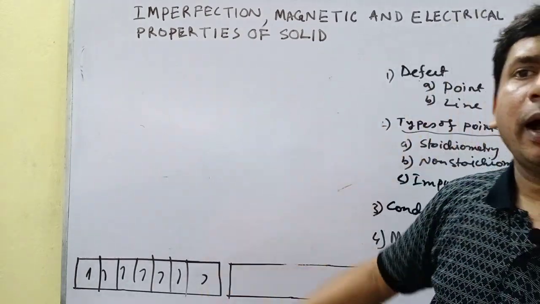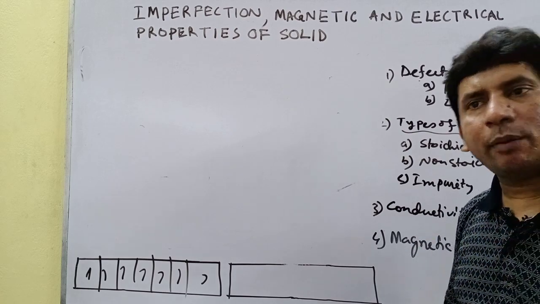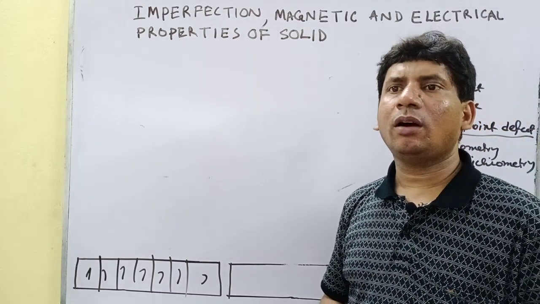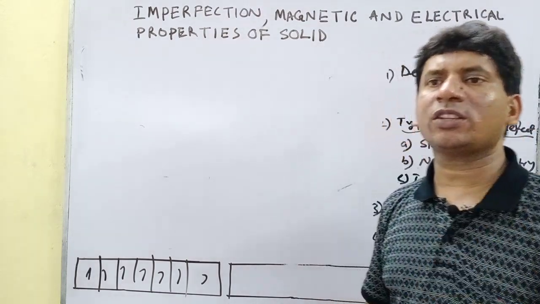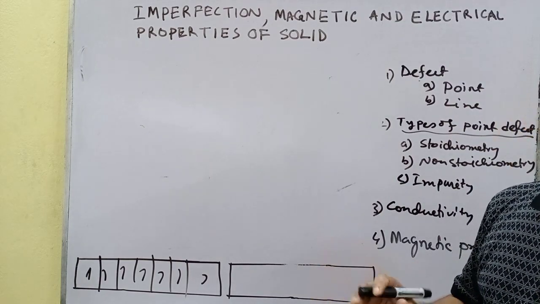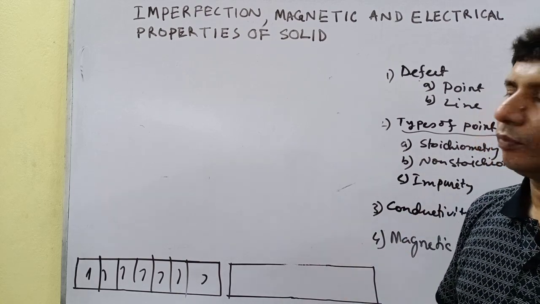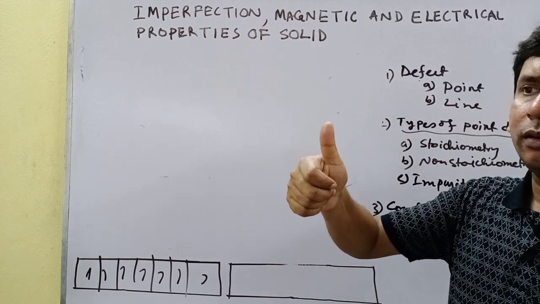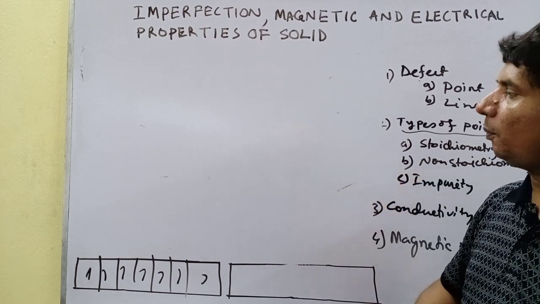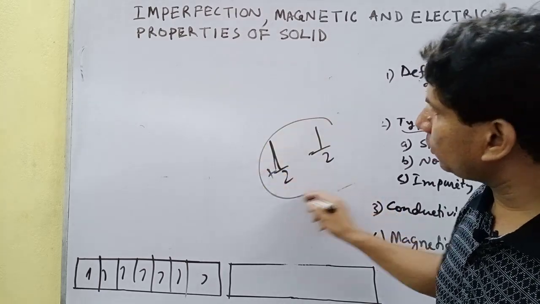Like sodium chloride, they have zero magnetic moment because there is a pair, that means the total spin is 0, because positive spin equals half, negative spin equals minus half, up spin positive half, down spin negative half, so addition is 0.